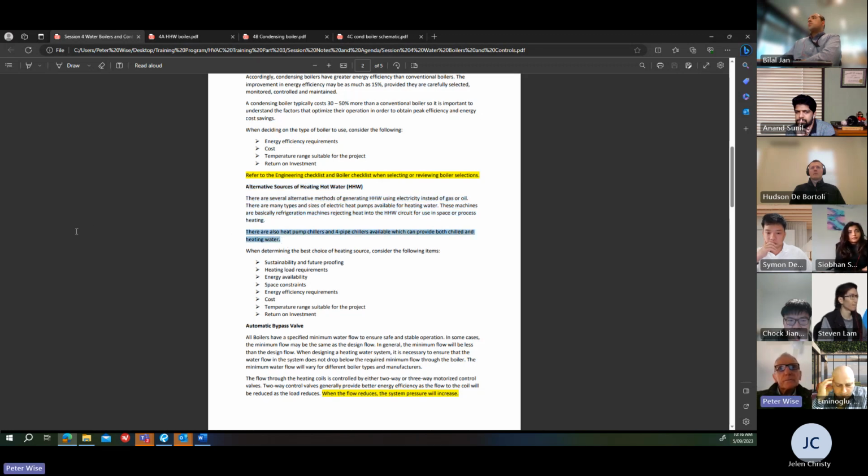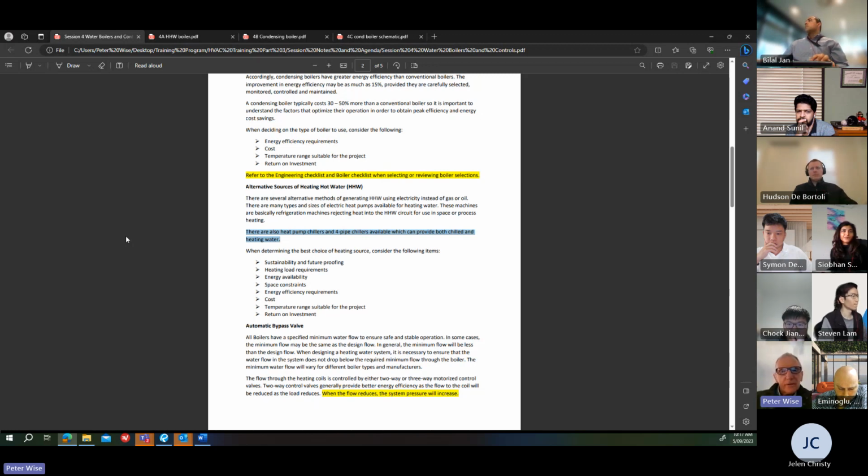There are also heat pump chillers and four-pipe chillers available, which can provide both chilled and heating water. We talked about these in the last session, which was 6 or 7 weeks ago. So you can get a chiller that can operate in cooling or heating.